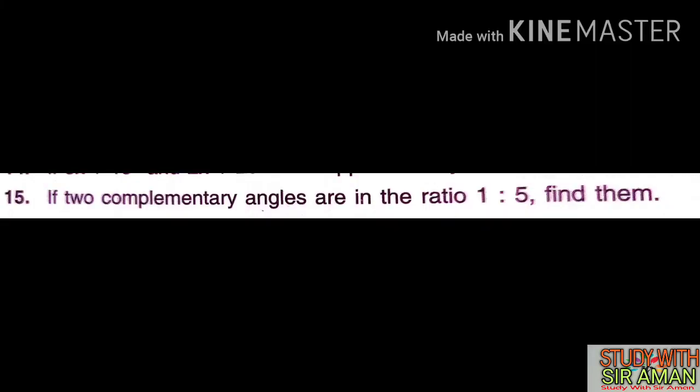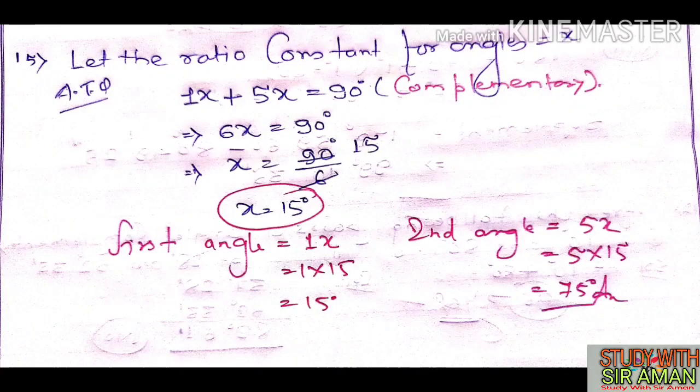Check the question. Two angles are given, they are complementary, we have to find them. Only there is one problem, they are given in ratio. So whenever they are given in ratio, what we have to do, I have told you already. First process is that you can take x. Okay, let us see. Check. Let the ratio constant for the angles be x. So first angle is 1, so 1x. Second angle is 5, so 5x, and the sum is equal to 90.